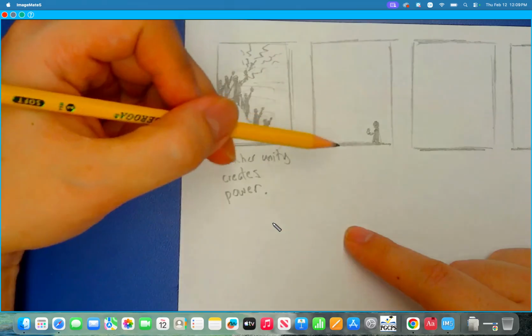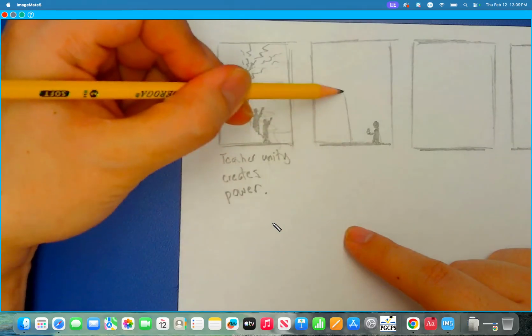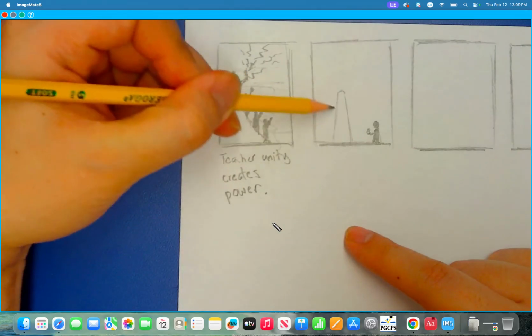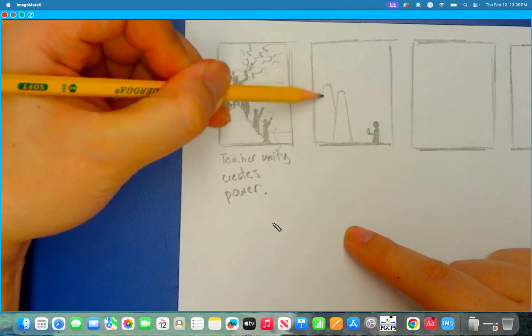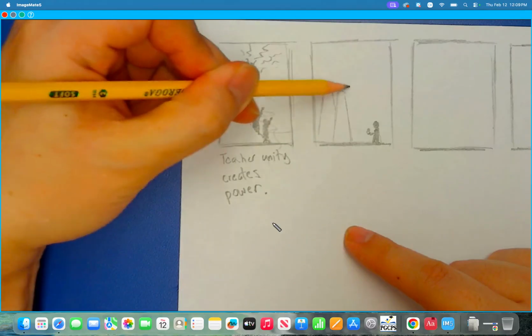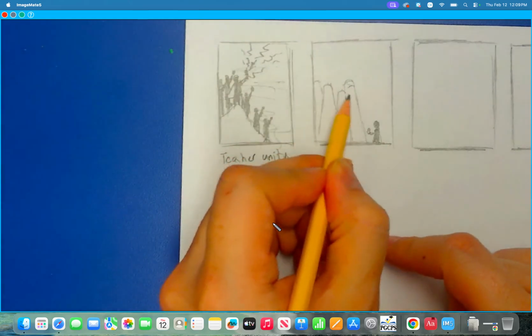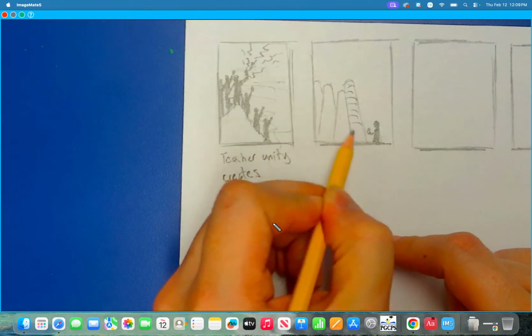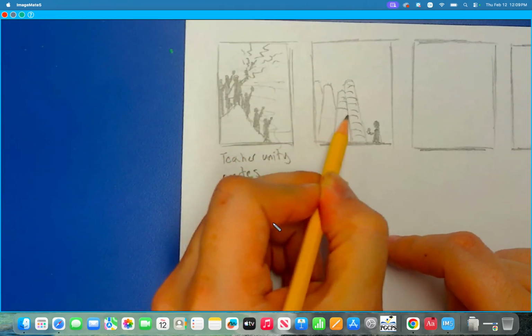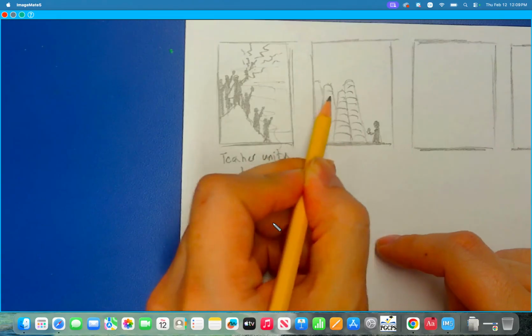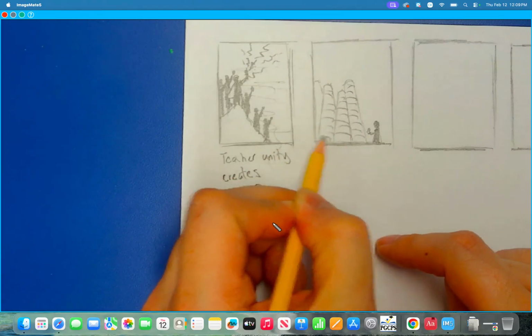Can't really see it, but then over here, I'm playing around a little bit with perspective, there are these towers of money or towers of coins. So if I were to make these into coins, again, I'm seeing how this looks, because this may look kind of weird or wonky.